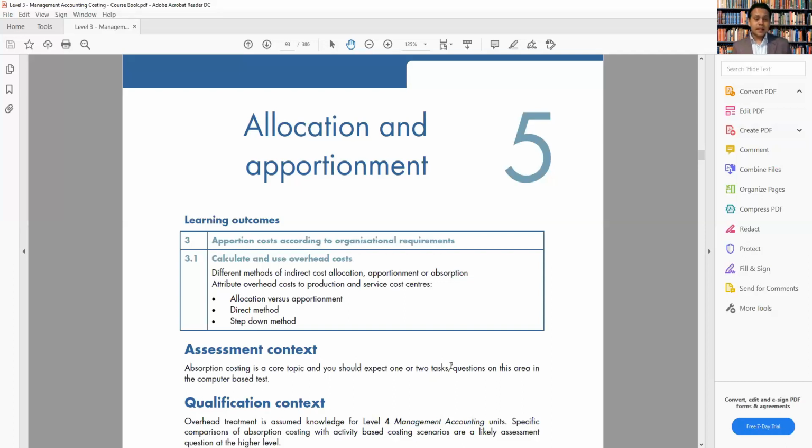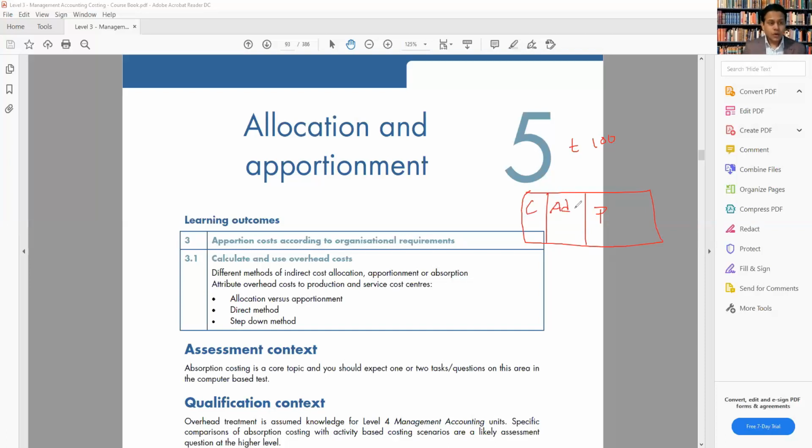For example, let's say this is a building area, a factory, and the total heat and light cost is £100. Let's say this area is for the production, this area for the canteen, this area for the admin.